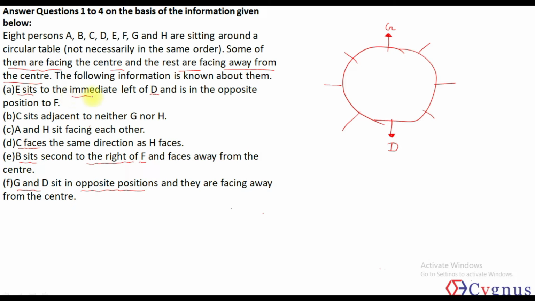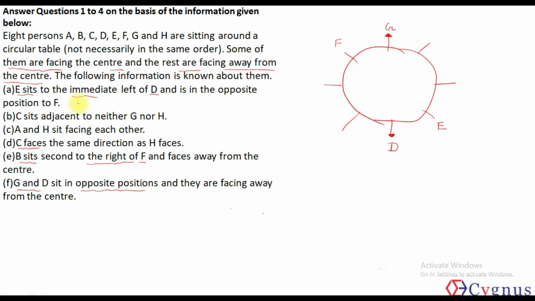E sits to the immediate left of D. This is D. He is facing away from the center. And E is sitting to the left of D. This would be the left of D. So I'll put E here. E sits to the immediate left of D and is in the opposite position to F. That means E and F are sitting opposite to each other. I'll put F here. So I've already placed 4 people and I know the direction of 2 of them.